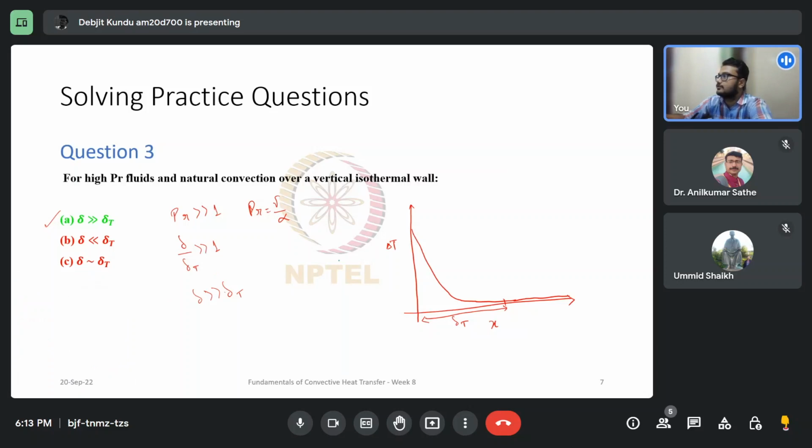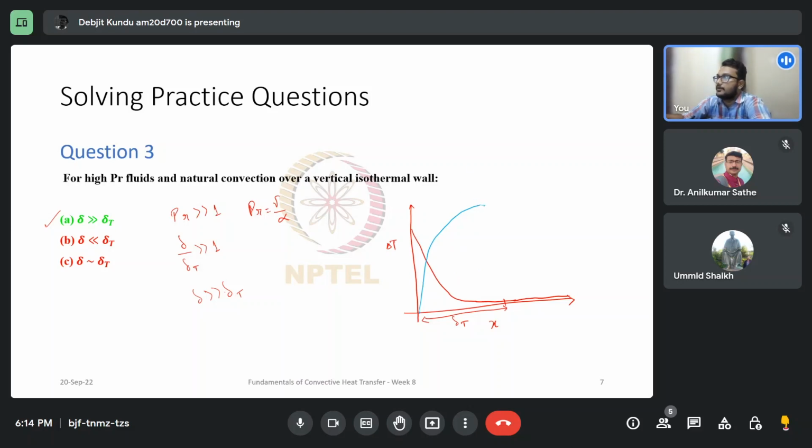If we try to draw the velocity profile, velocity would be 0 at x equal to 0 due to the no slip boundary condition, and it would accelerate within the thermal boundary layer.